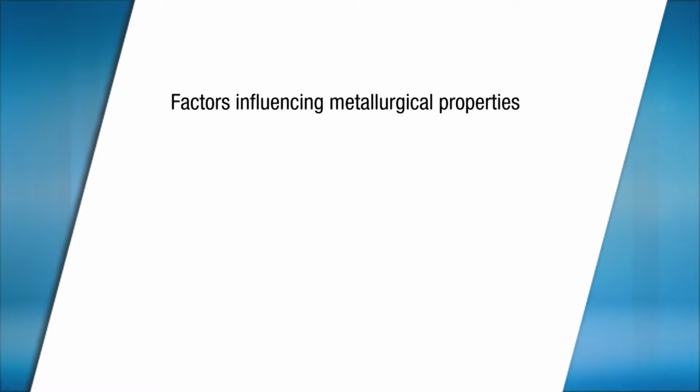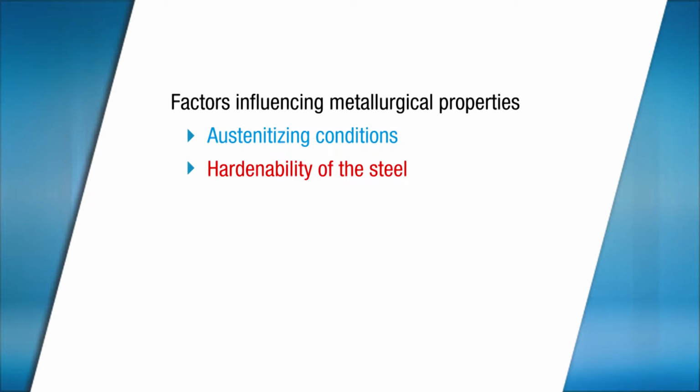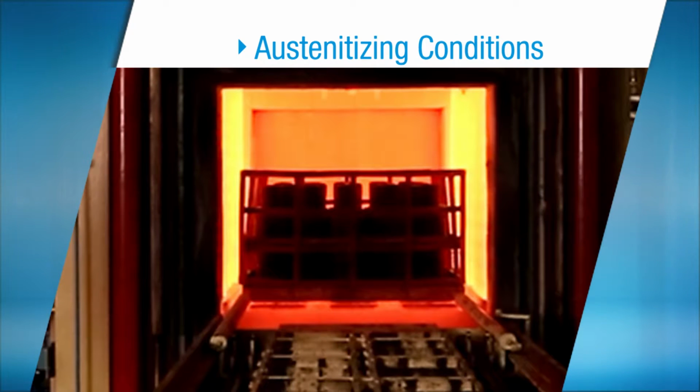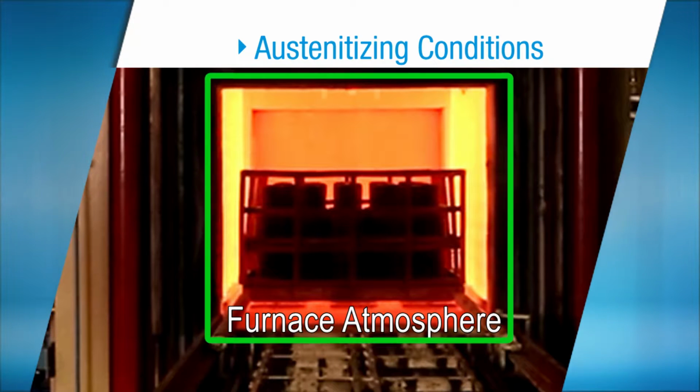The metallurgical properties of heat-treated steel components are primarily dependent on the following factors: austenitizing conditions, hardenability of the steel, and quenching process used. Well, to begin with austenitizing conditions, the austenitizing conditions like hardening temperature, furnace atmosphere.